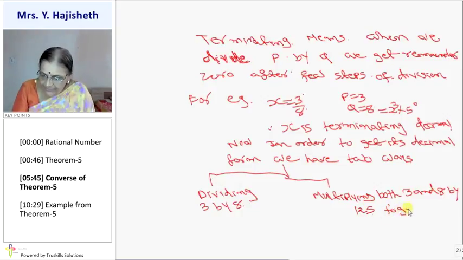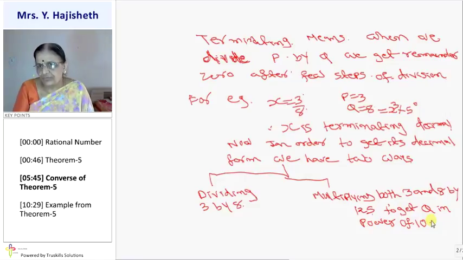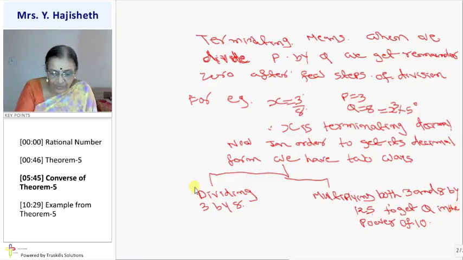When you get q as a power of 10, then automatically I can get my 3 by 8 in terms of decimal. For example, first method, I have to divide 3 by 8, okay?